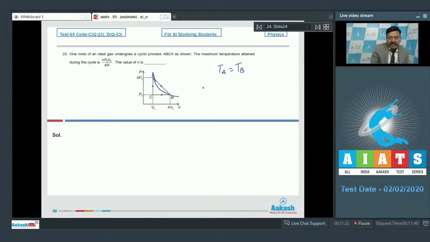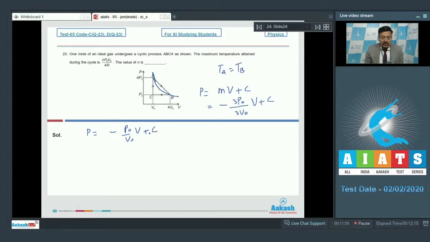It can be written as P is equal to mV plus C. The slope is negative, and it is 4 P naught minus P naught divided by 4 V naught minus V naught, that means minus 3 P naught by 3 V naught. So the equation turns out to be minus P naught by V naught V plus C.